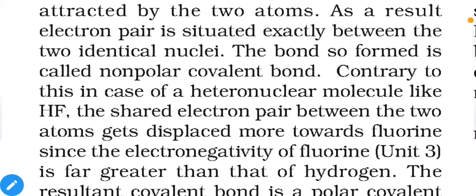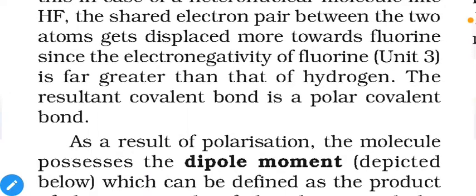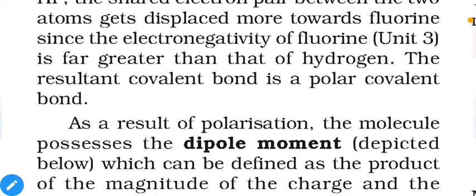Contrary to this, in case of a heteronuclear molecule like HF, as we discussed about HCl, the shared electron pair between the two atoms gets displaced more towards the fluorine since the electronegativity of fluorine is far greater than that of the hydrogen. So the electron pair will be closer to the fluorine and away from the hydrogen.